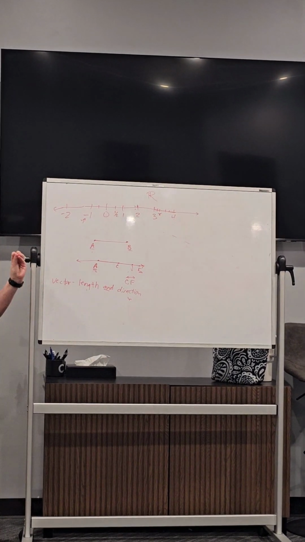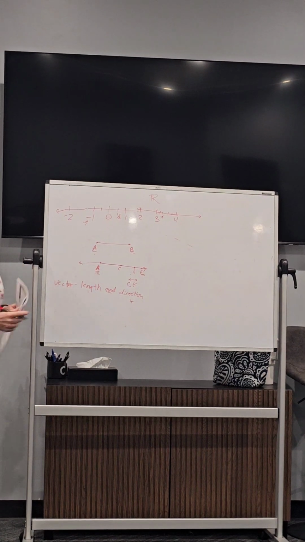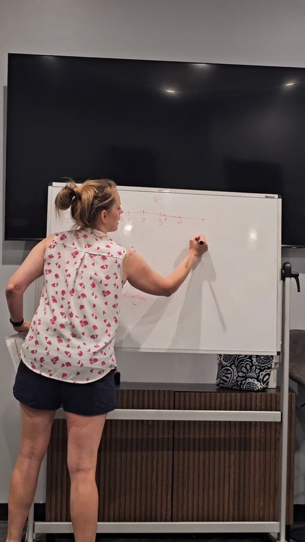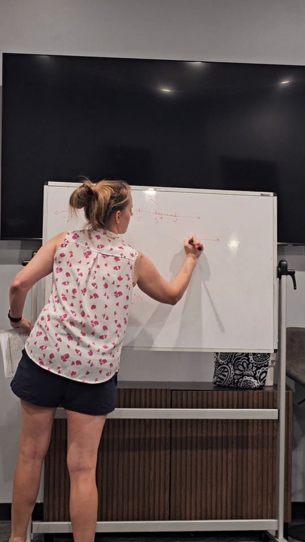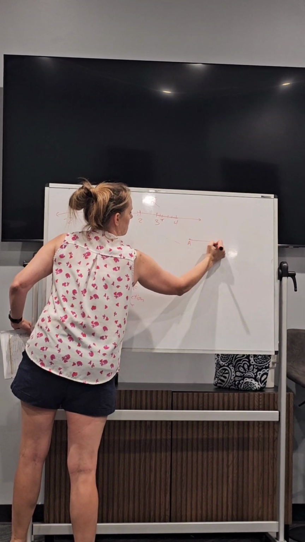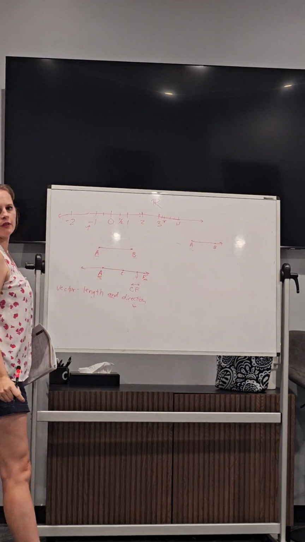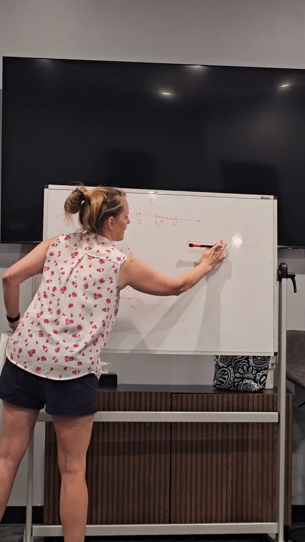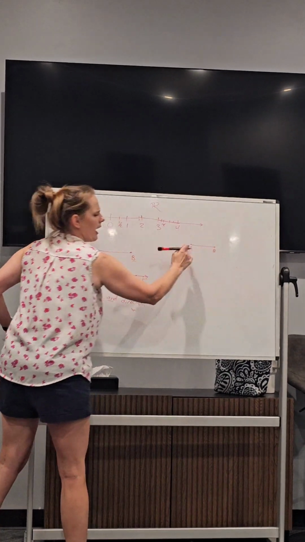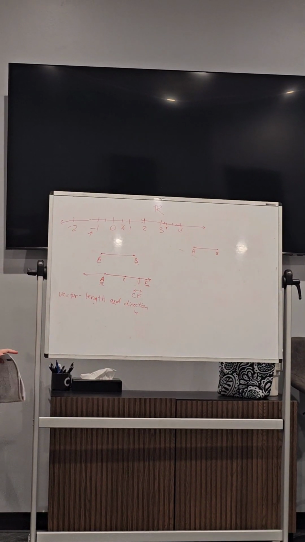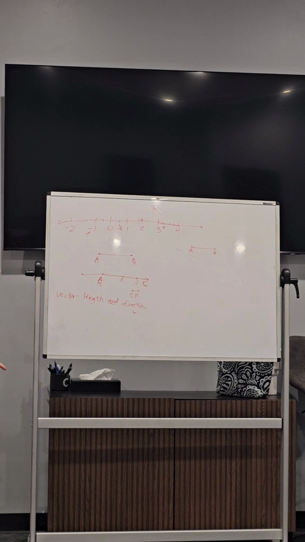So it's kind of like a ray, but the difference between a ray and a vector is this. If this is my ray AB, it actually goes on and on and on forever, right? And this is my line segment AB, which is the same as BA, right?